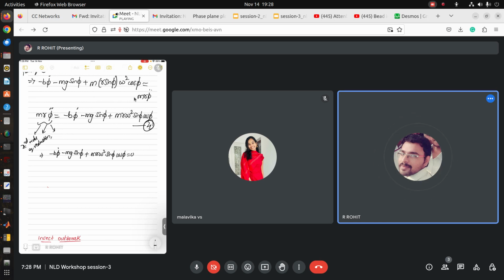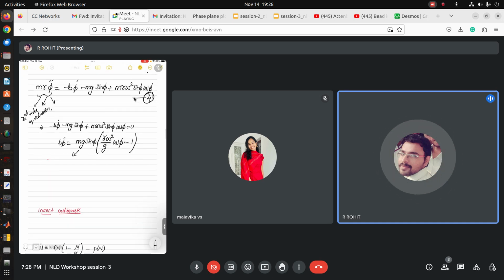Now if you solve them, you will finally get b phi dot is nothing but mg sine phi times r omega square by g cos phi minus 1. Now if you try to find the fixed point for this, the fixed point is where you find f of x equal to 0.